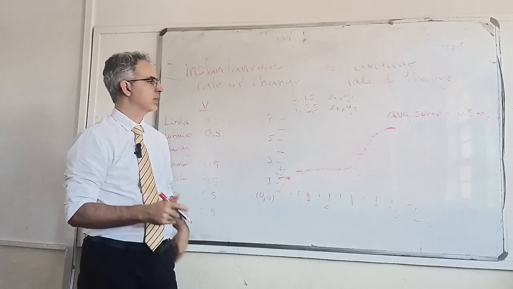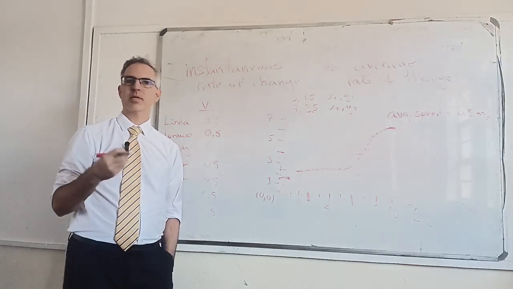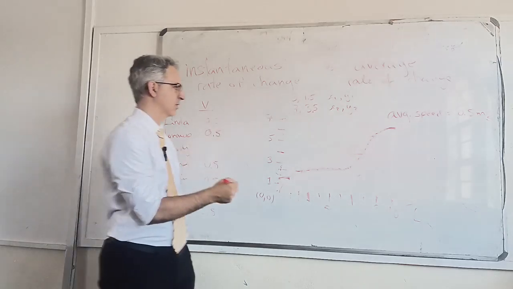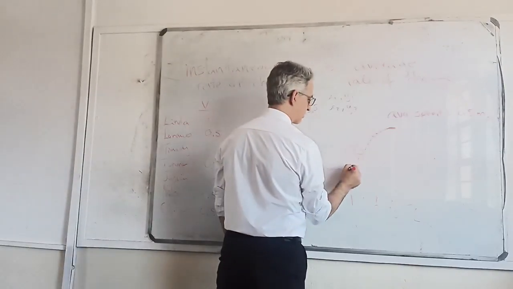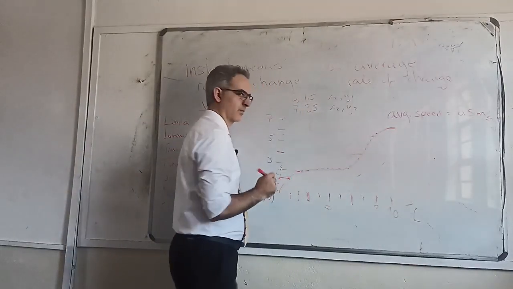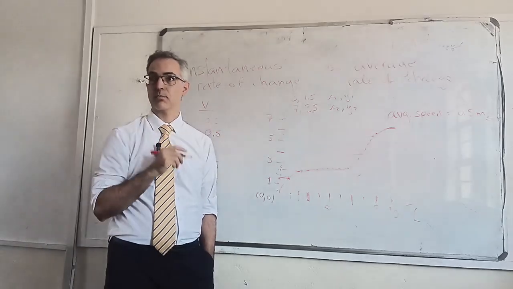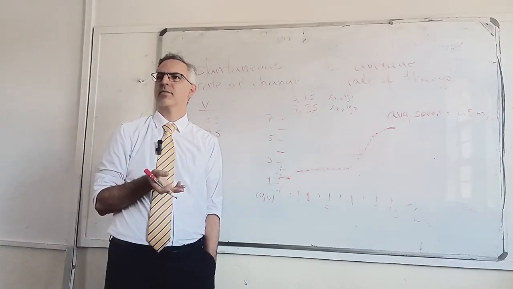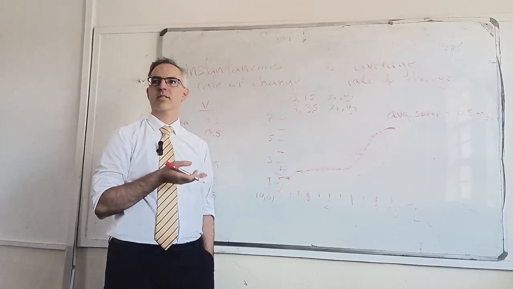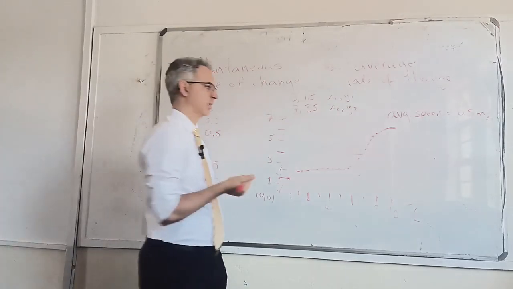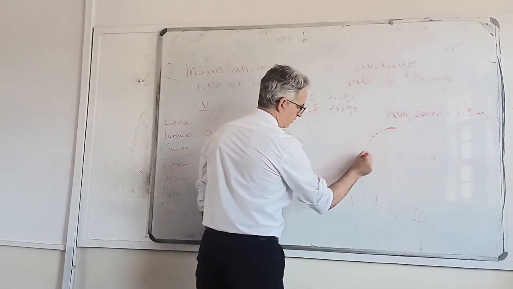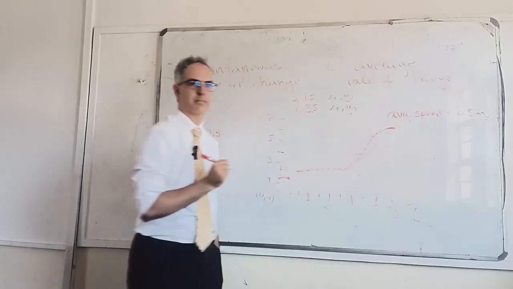So now you ask, what is the speed of this person at this moment? Exactly at that moment. Well, it's not a straight line. How do you calculate a speed, a slope, when it's not a straight line? And the answer is you draw a tangent line.